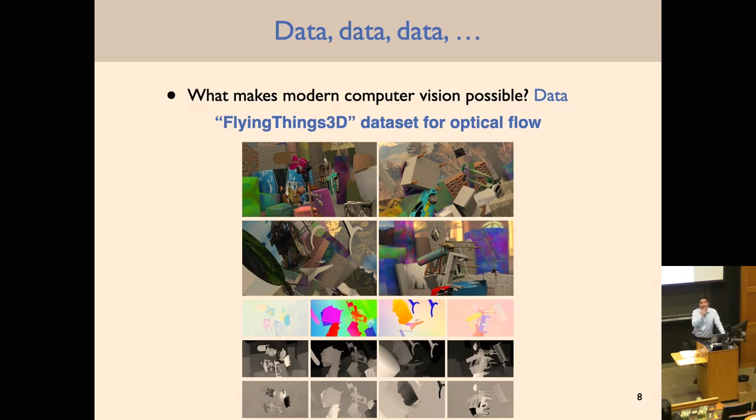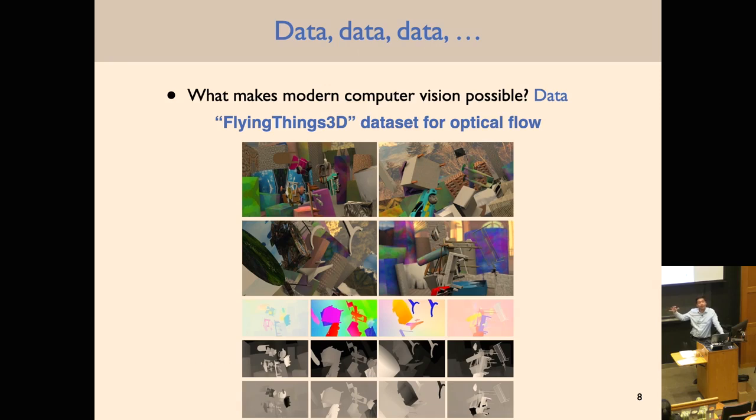Optical flow is harder to do with real world images. You can do it with a motion capture system, for example. You could place markers on some object, move that object around, and track it using a motion capture system, so you know exactly the ground truth motion of the object.